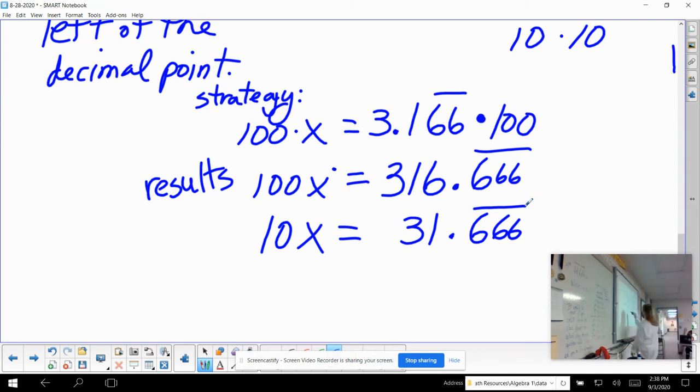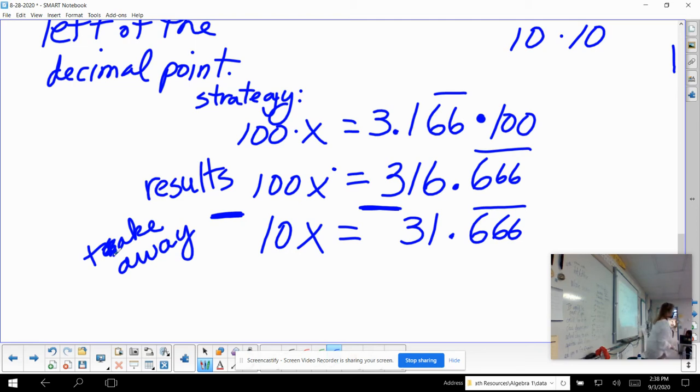Okay, now this is where we get to do our takeaway. Yay, we're gonna take away. We're gonna eliminate. Okay, 100 minus 10. Who agrees with that? Dollar minus 10 cents. 90 cents. So when you are adding or subtracting x terms, just deal with the numbers and the x comes along.